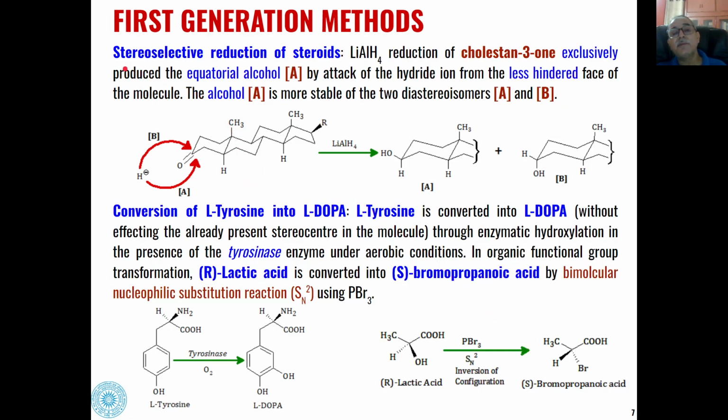Then another example is stereoselective reduction of steroids. For example, if we have these types of steroids, that is cholestanone, and it undergoes reduction with lithium aluminum hydride, then addition of the hydride to this ketone can take place by two paths. Either this hydride can attack from the above side or from the below side to give us these two types of hydroxyl products.